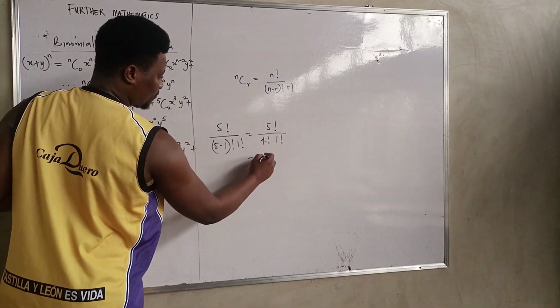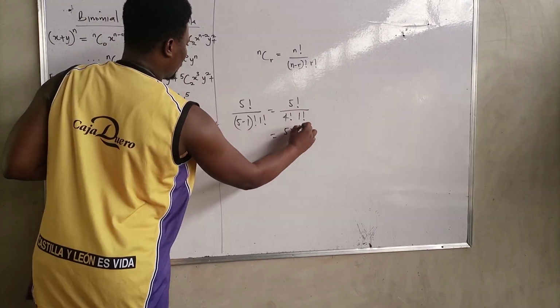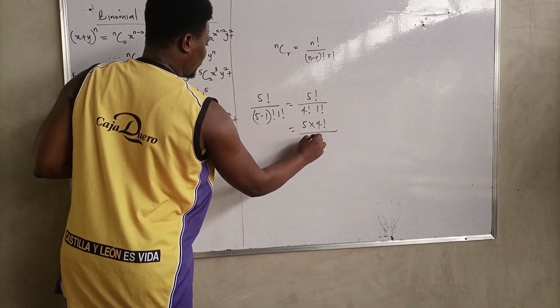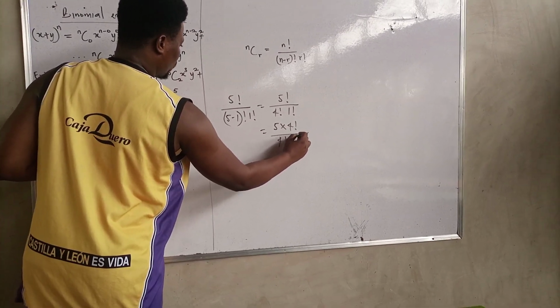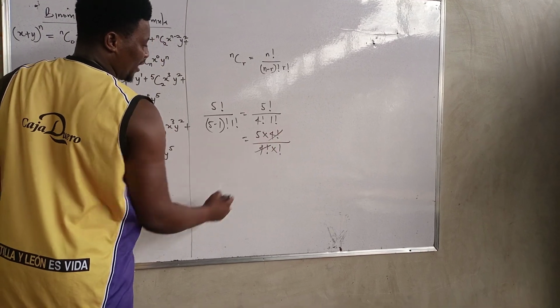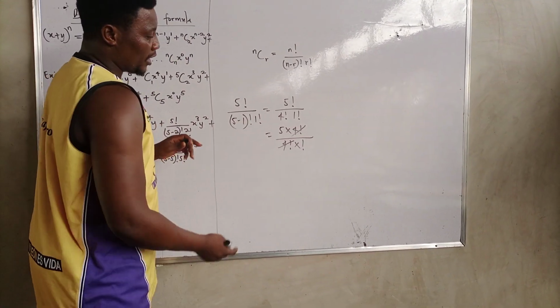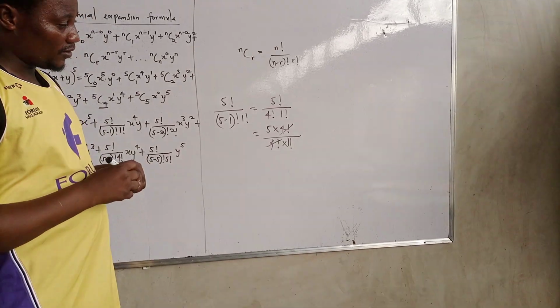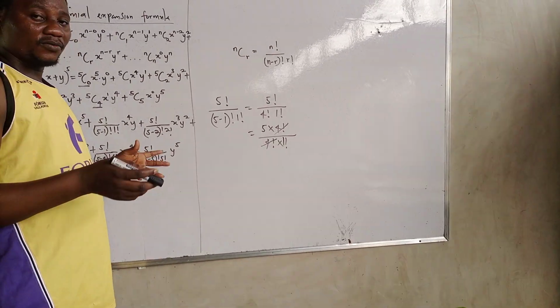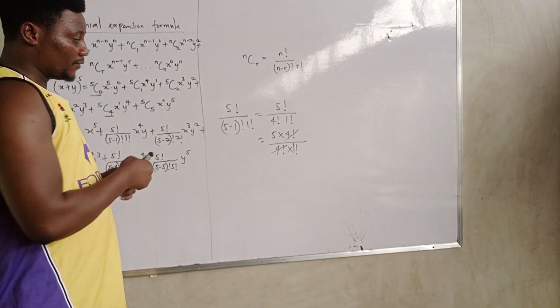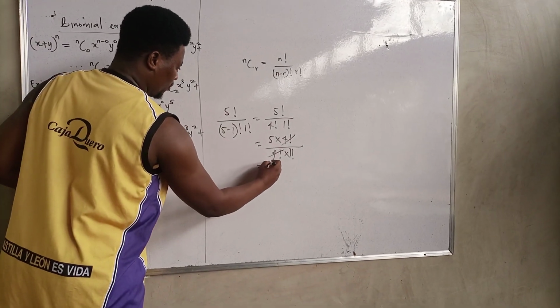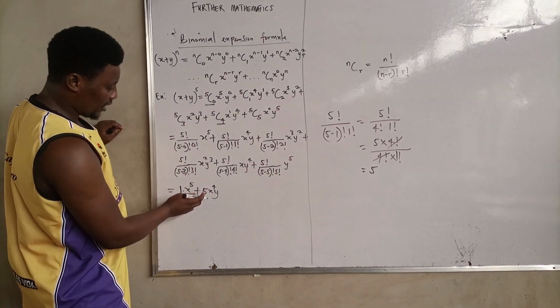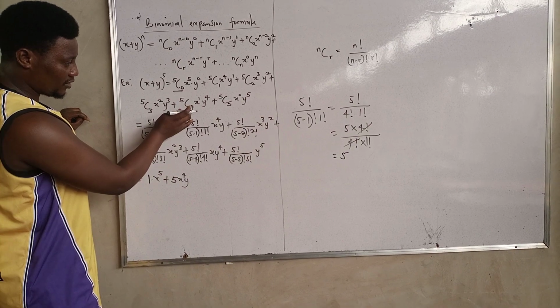Simplifying it further, we have 5 times 4 factorial over 4 factorial times 1 factorial. 4 factorial is gone, so we have 5 divided by 1 factorial. I told you earlier that 1 factorial is also 1. So we have only 5 left. That is why we have that to be 5. That means the quotient of this is 5.